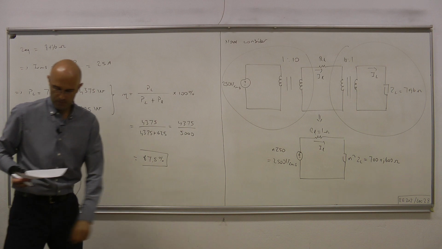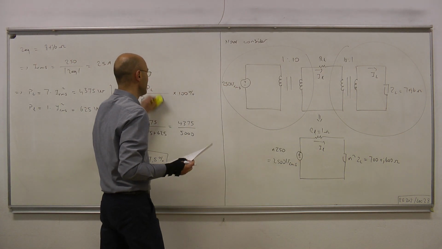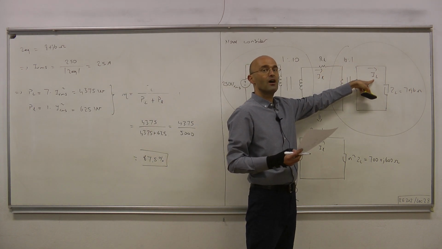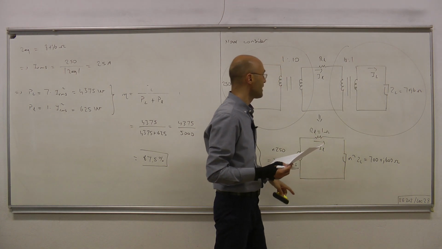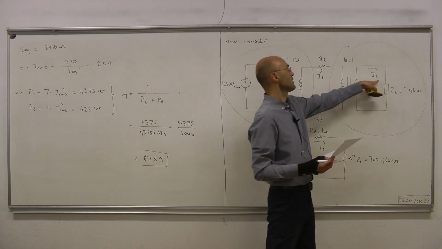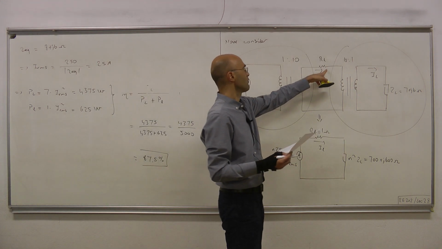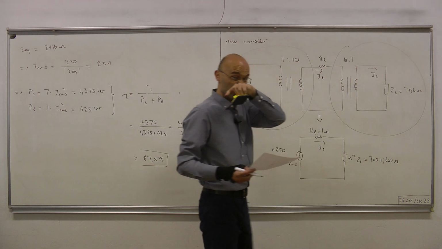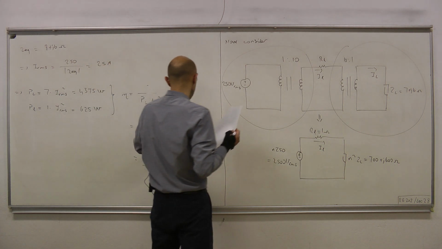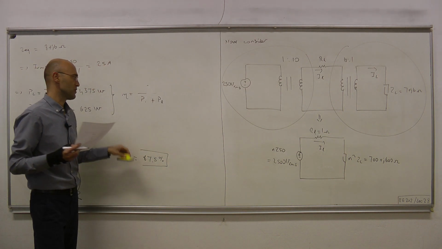Now considering this simpler circuit, we can easily compute IL. Once we have IL, using the terminal equation, we can compute I capital L. And then once we have the line current and the load current, we can easily compute the powers, the average power for RL and for ZL. And once we have the powers, we can apply the efficiency definition and obtain the new efficiency and compare it to the original one.